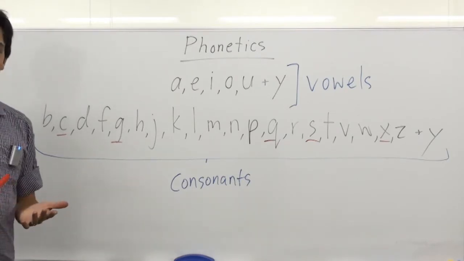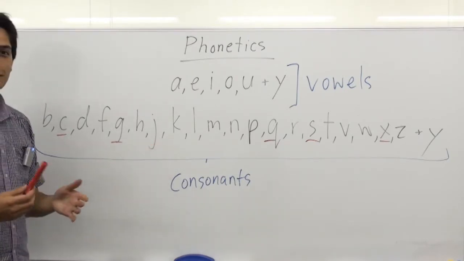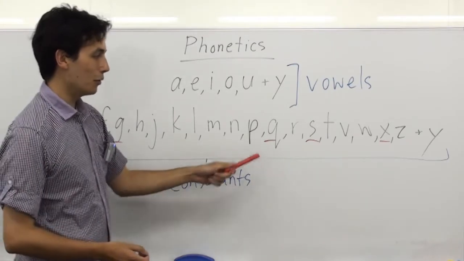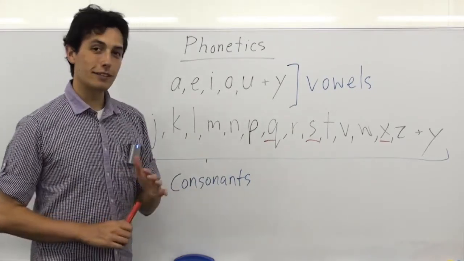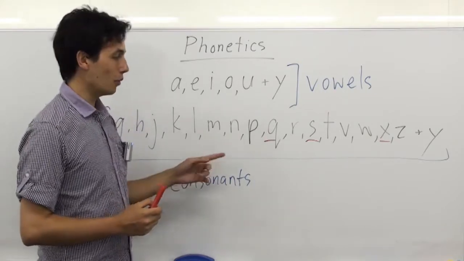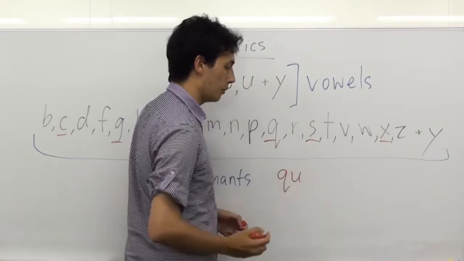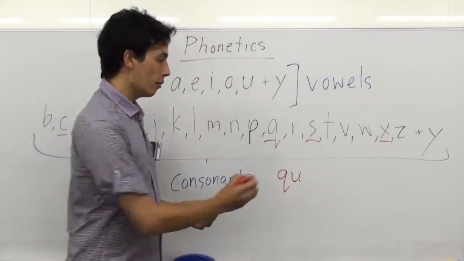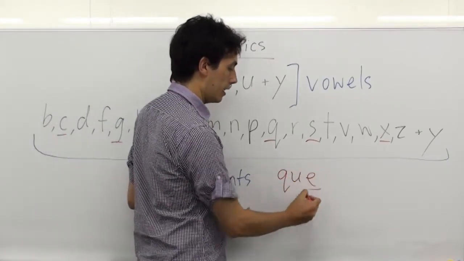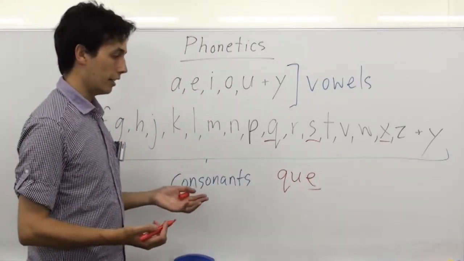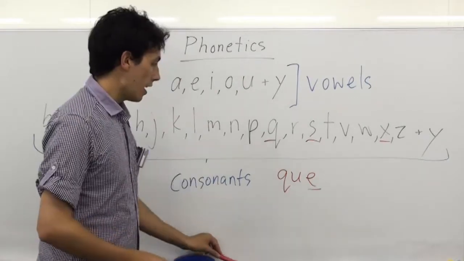And we have a soft sound, which is like J, which is like gem or gel. For Q, Q is kind of tough because Q is always paired with U, like QU, which makes a Q sound. But if we add an E, it becomes like K, as in like antique.